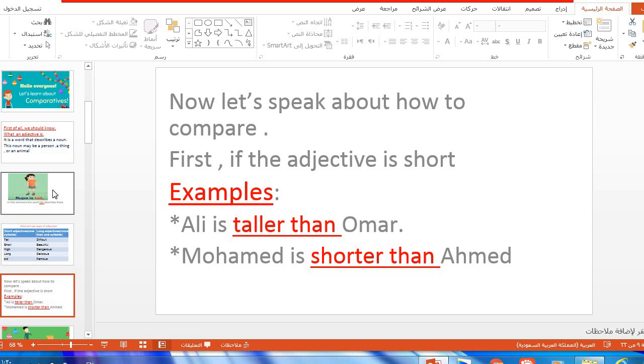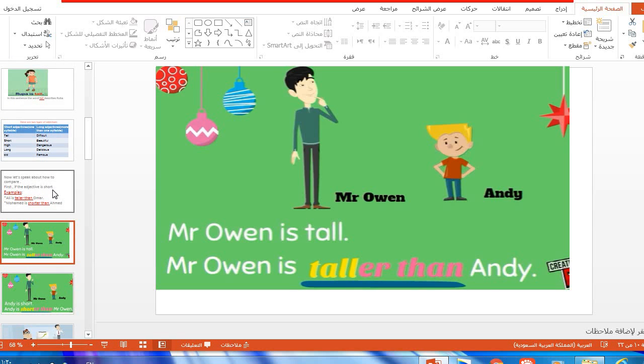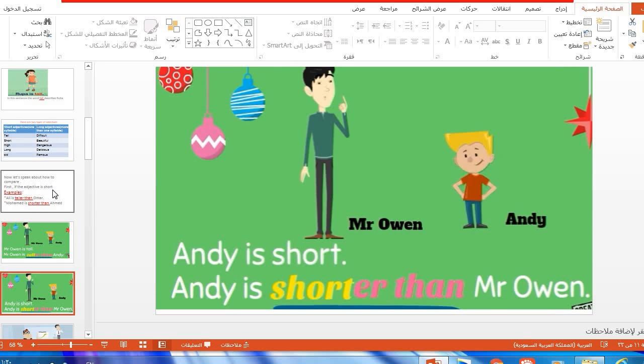Now, let's speak about how to compare. First, if the adjective is short. Examples: Ali is taller than Omar. Muhammad is shorter than Ahmad. Let us see more examples. Mr. Owen and Andy. Mr. Owen is tall, so we can say Mr. Owen is taller than Andy.